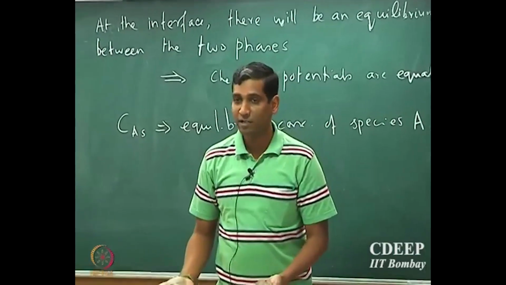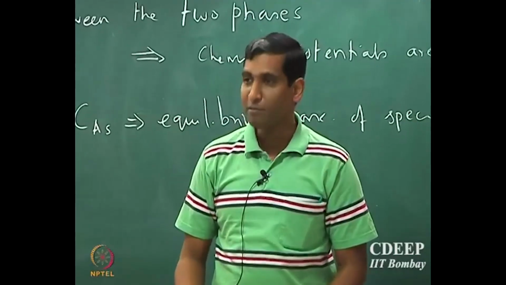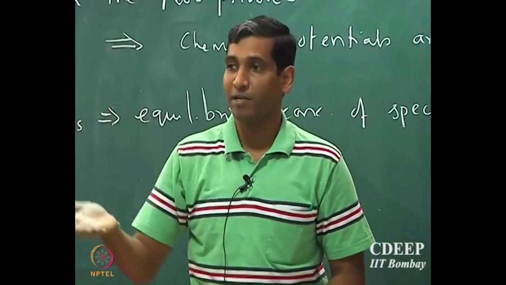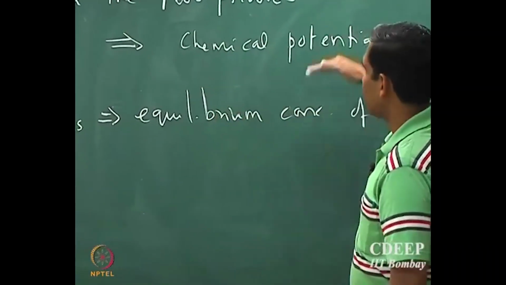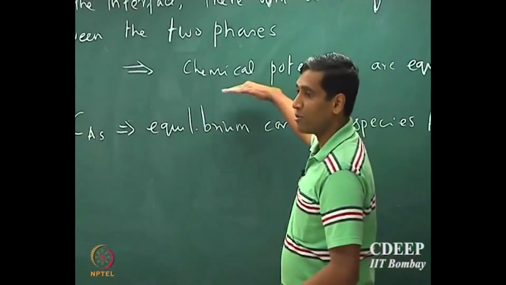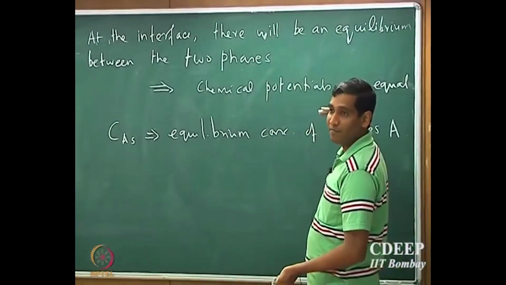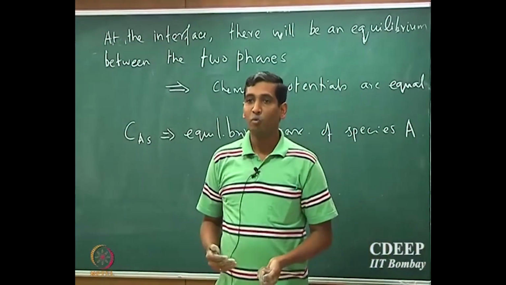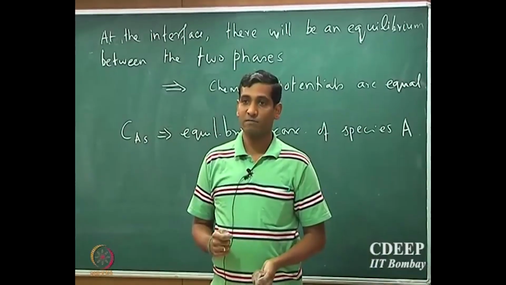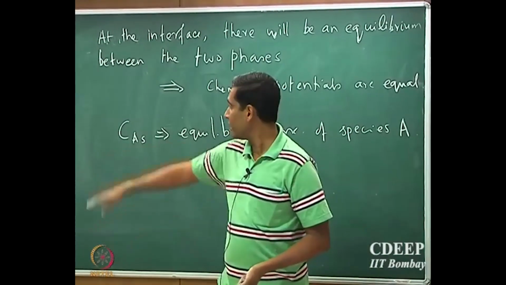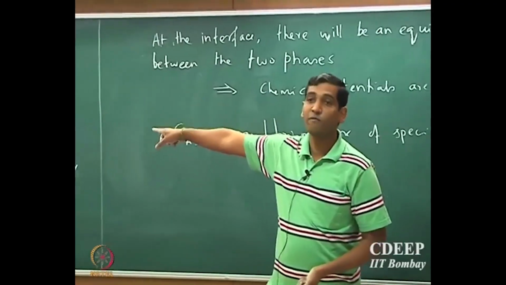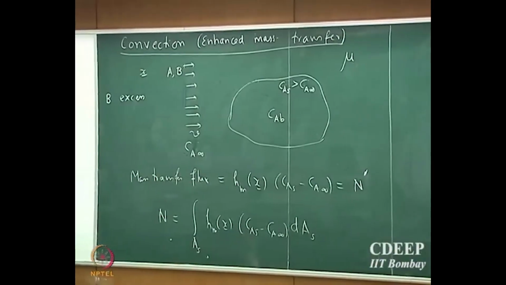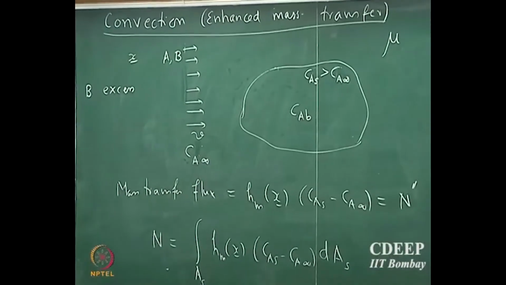So unlike in heat transport, a system does not have an infinite capacity to take up mass. There is an upper limit, and the correct way to balance it is by equating the chemical potential. So what equilibrium concentration really means is, based on the solubility of the species in these two phases, what will be the equilibrium concentration if the chemical potential has to match. Okay, that's what that interface concentration is.